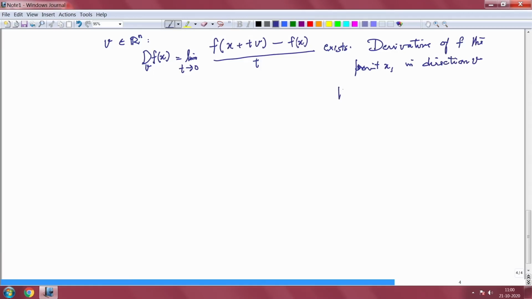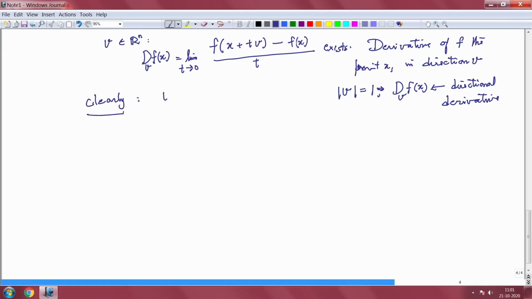And if mod v equal to 1, that is a unit vector, then this is called the directional derivative. Otherwise it will have a factor. So, clearly this is called the directional derivative.